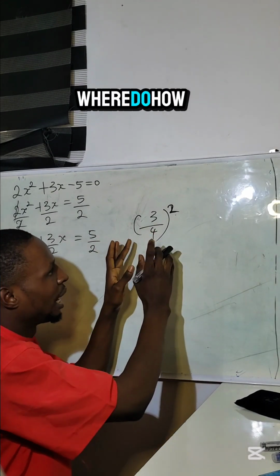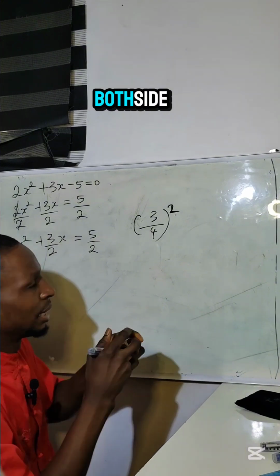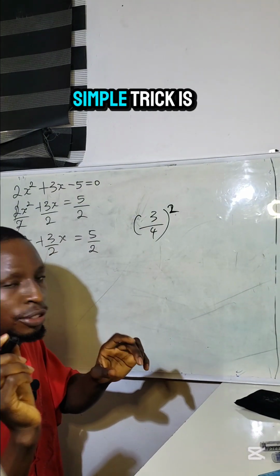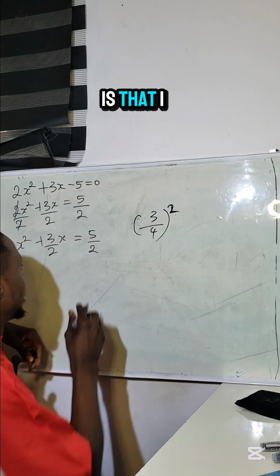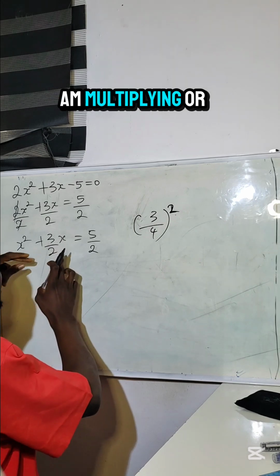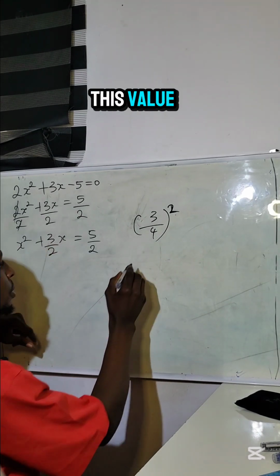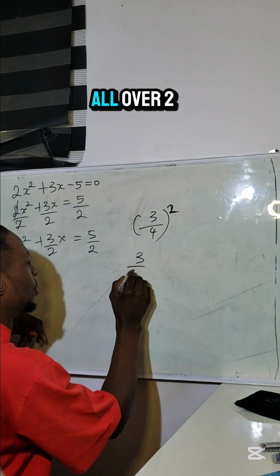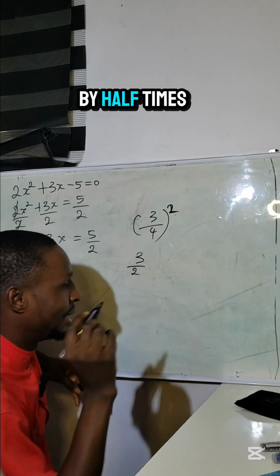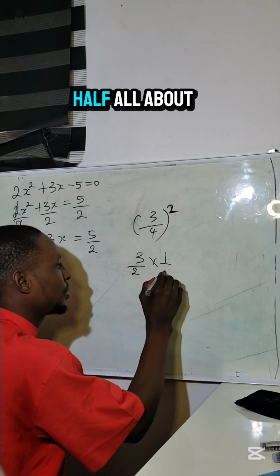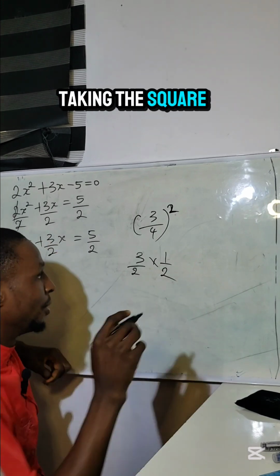So how do I get this value that I'm adding to both sides? The simple trick is that I multiply the coefficient of x by a half. The coefficient of x is 3 over 2. I multiply it by a half, giving 3 over 2 times 1 over 2, and then I take the square of everything.